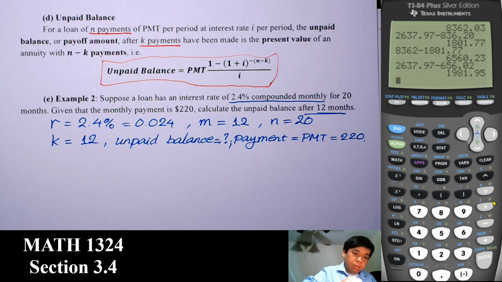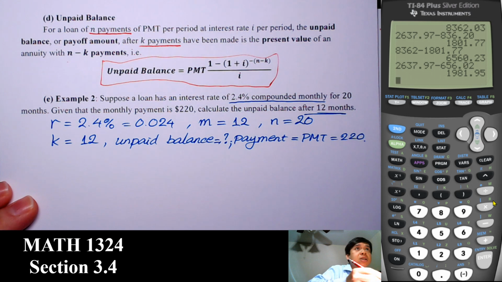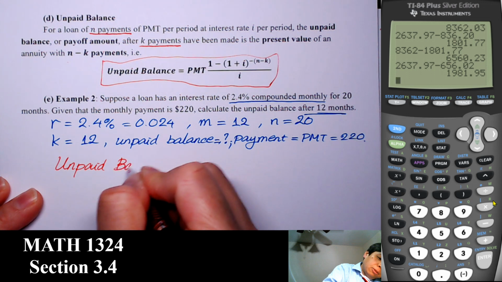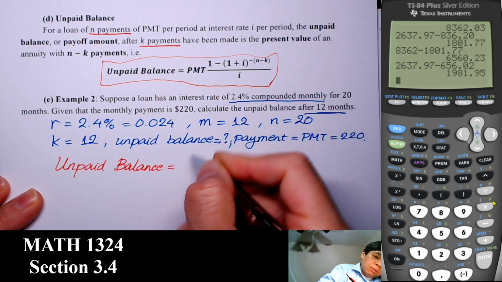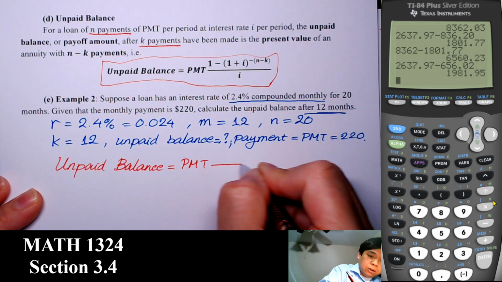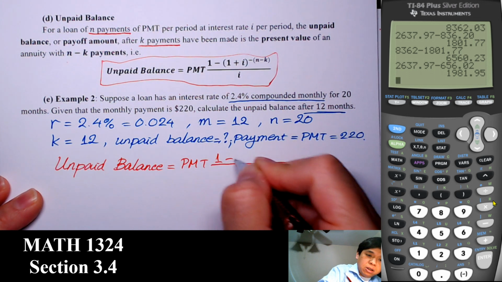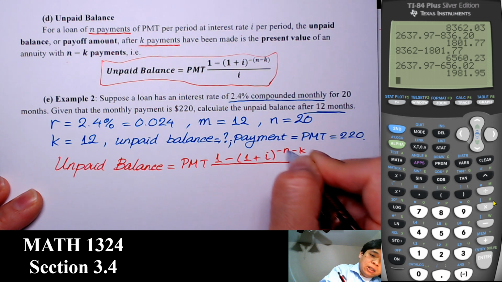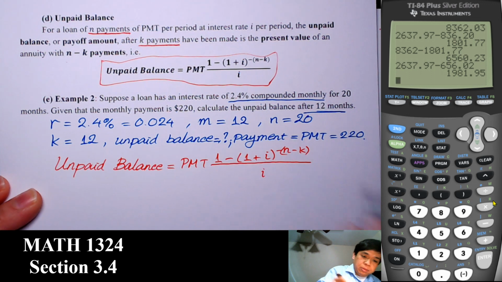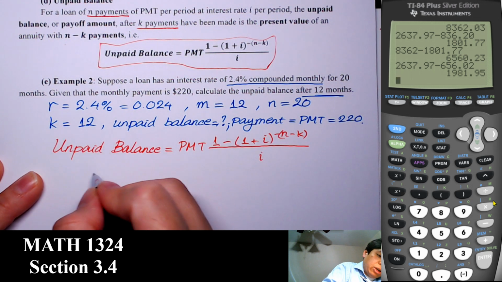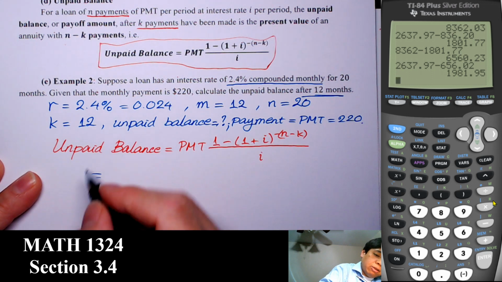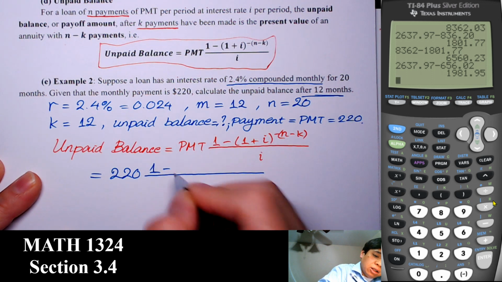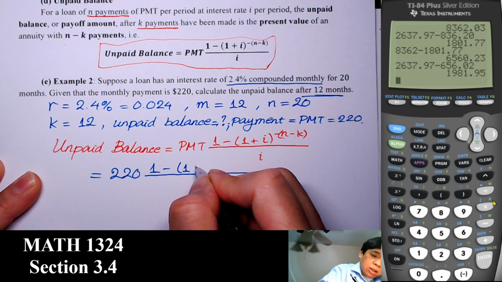So unpaid balance equals payment times (1 minus (1 plus i) to the negative n minus k) over i. In particular, we have the unpaid balance, the payments of 220, times 1 minus 1 plus the i.